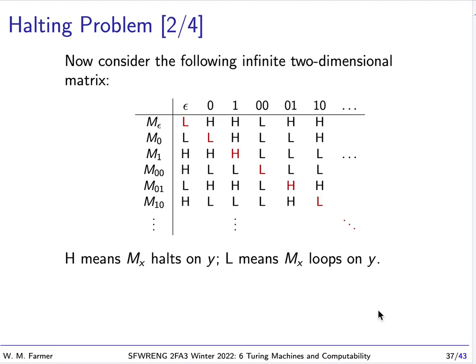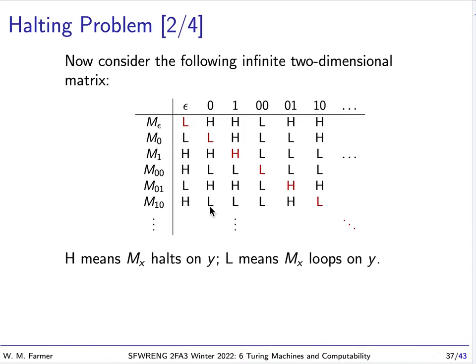Now consider the following infinite two-dimensional matrix. Here we have all our Turing machines. These Turing machines correspond to strings of zeros and ones, so we have the simplest string, the empty string, the string of just 0, the string 1, the string 00, and so forth. Down this column, we have all possible Turing machines, and on this row, we have all possible inputs.